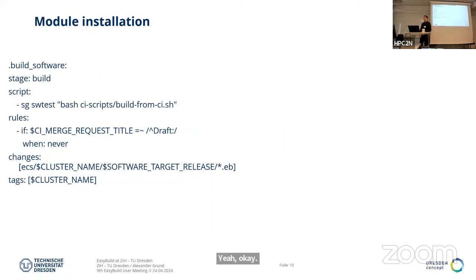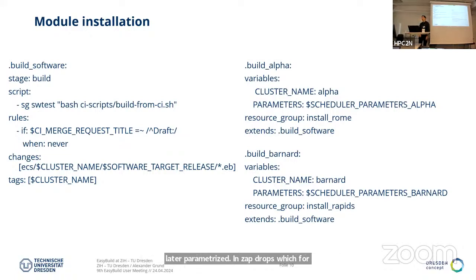Just to show how this looks, this is an extract from the GitLab YAML file. We have some main template, which basically just runs a shell script and has some rules set up such that it doesn't run, for example, for draft merge requests and reacts on changes for a specific path, which is then later parameterized in subjobs, which, for example, look like this on the right-hand side, where these variables, such as the cluster name, get set.